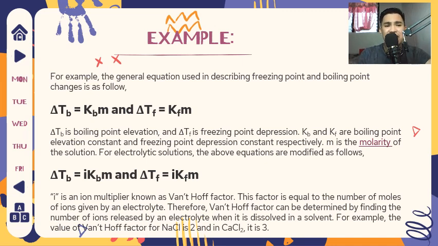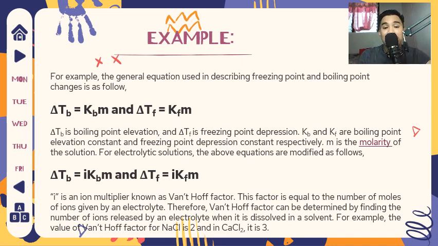The change of T sub B is boiling point elevation, and the change of T sub F is freezing point depression. The K sub B and K sub F are the boiling point elevation constant and freezing point depression constant respectively. And the m is the molality of the solution.